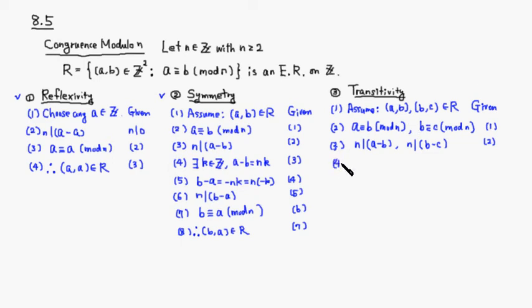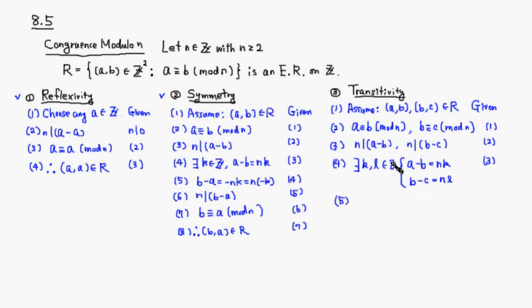Line 4: so there exist some integers k and l such that a minus b is equal to n times k, and b minus c is equal to n times l. That comes from line number 3.